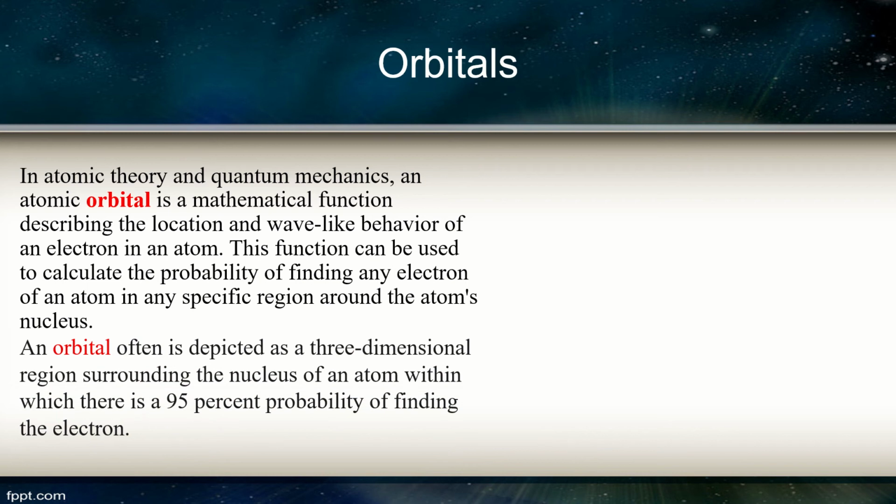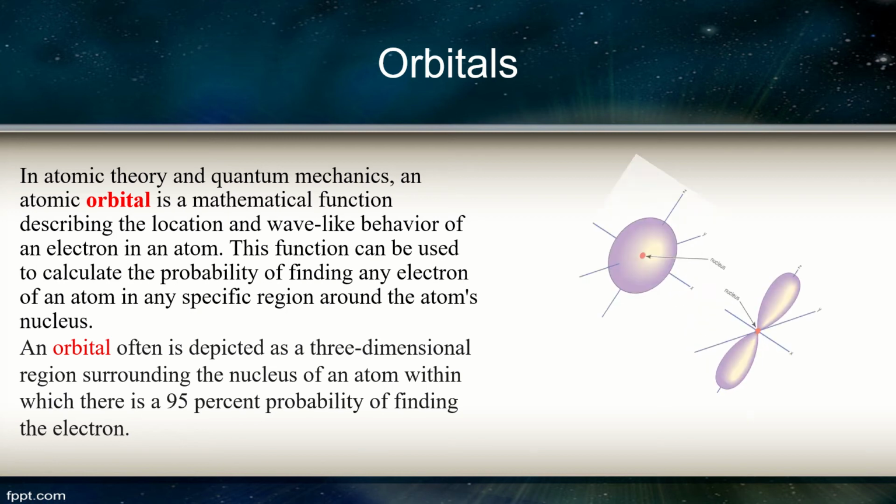So we can tell an orbital often is depicted as a three-dimensional region surrounding the nucleus of an atom within which there is a 95% probability of finding the electron.